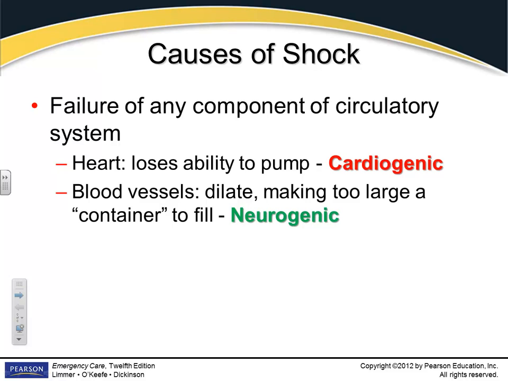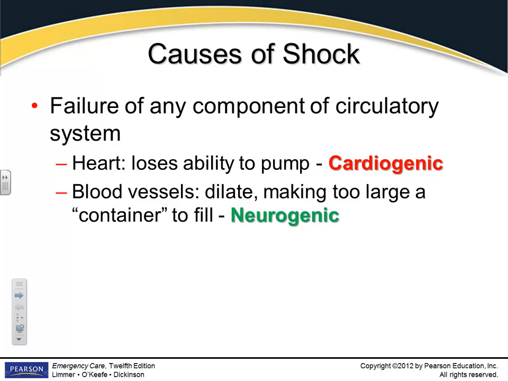It's not just that it dilates, it loses muscle tone and becomes flaccid. So regular, you might be dilated and you might be constricted. Dilated might be like this. When it loses muscle tone, it just turns to mush, and it's not able to maintain anything. The vessel is much too large for the volume that's in there.